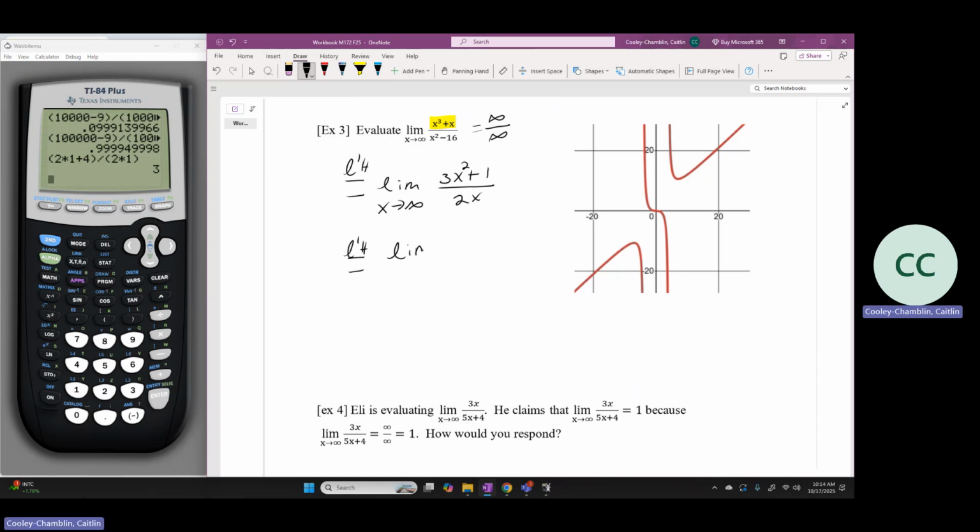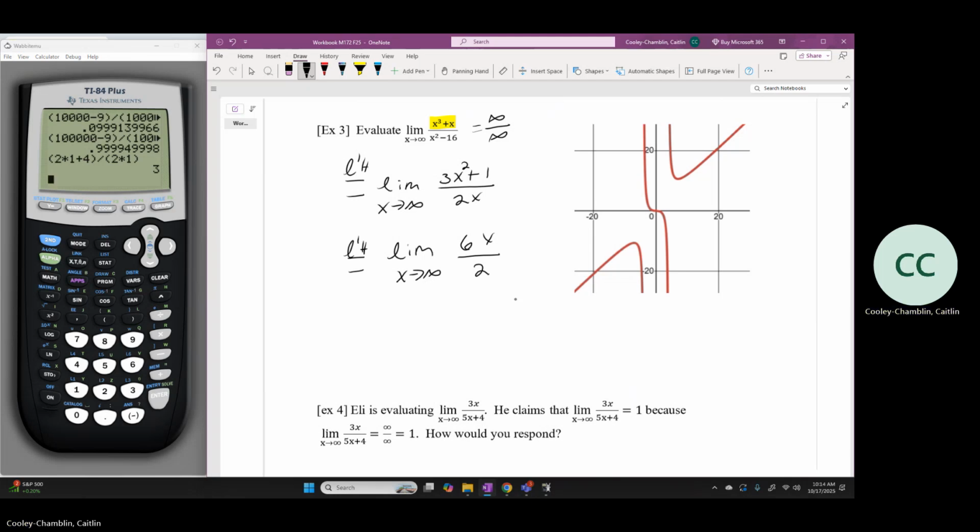And so we get the limit as x goes to infinity of 6x over 2. Now notice, I plug infinity here, it just is infinity over 2. That is not indeterminate, so we can't use L'Hopital's again.